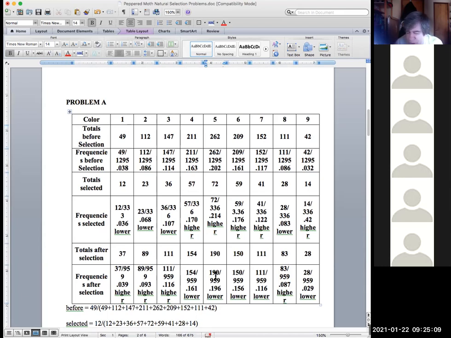If a third of the moths are number 1, a third of the moths eaten are number 1. And when you get done, a third of the moths left will still be number 1. So we want to keep that in mind.